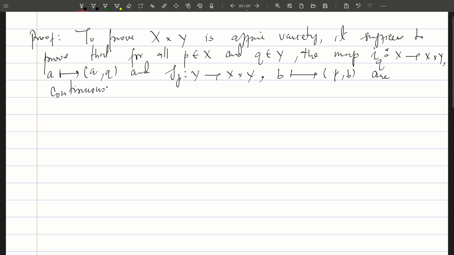For this, let us assume that x1 up to xn are coordinates on A^n, and y1 up to ym are coordinates on A^m.